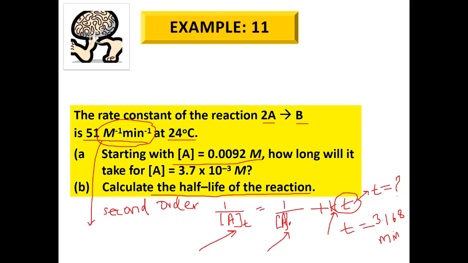So come to part B. Calculate the half-life of the reaction. For the half-life of a second order reaction, you can use t half is equal to 1 over [A]0 k.